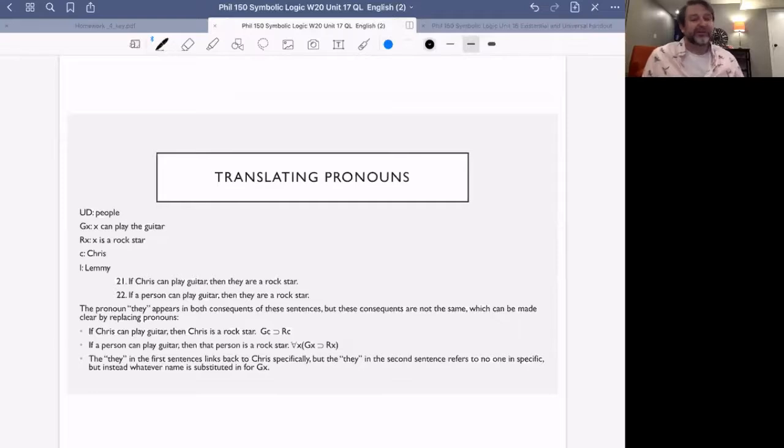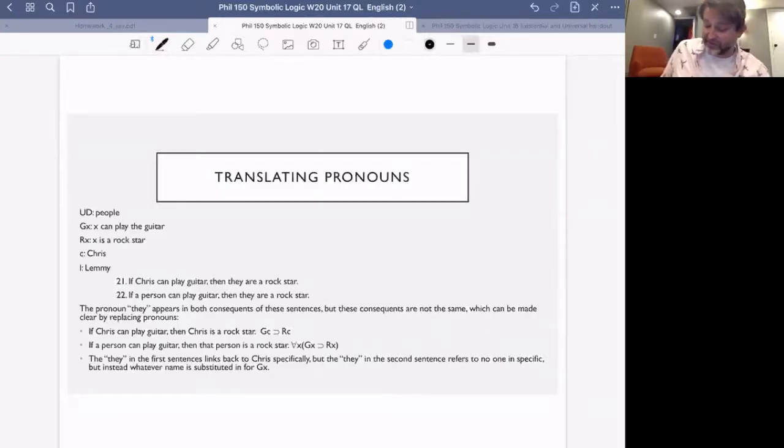Okay, and so what we say is, if Chris can play the guitar, then they are a rock star, right? So this is one of our sentences we're thinking about in the book. And then the other is, if a person can play guitar, then they are a rock star. Okay, now the pronoun they appears in the consequent of both of these sentences. However, these consequents are not the same, which can be made clear by replacing pronouns.